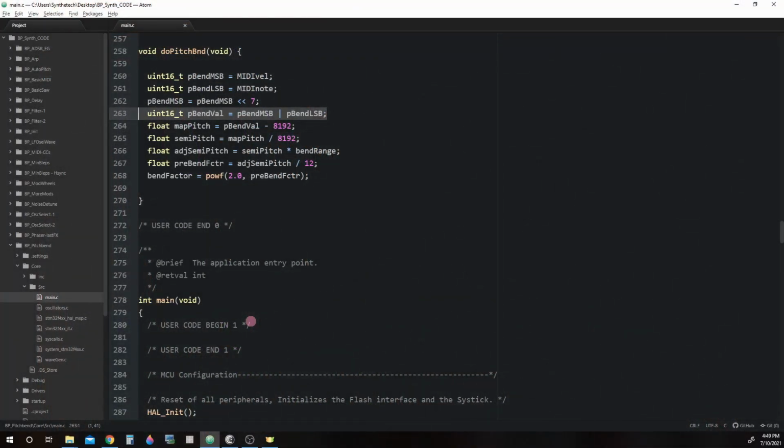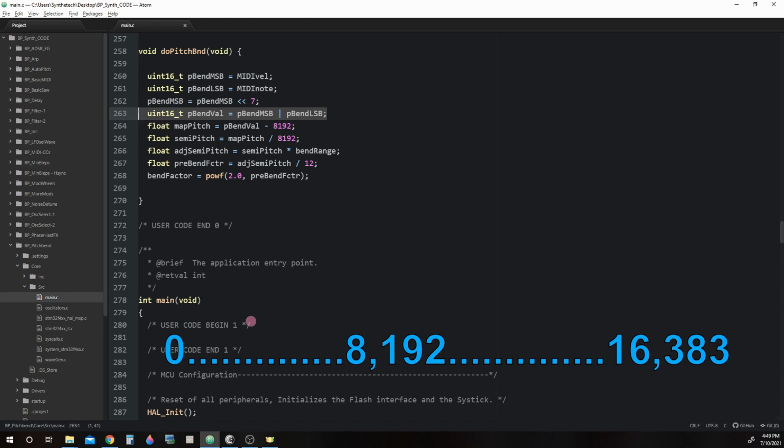Recall that the bender's range is 0 through 16,383. The bender's center point is where we don't want to alter the original frequency. We only want it to change if we move it past or before the center point. Half of 16,384 values is 8,192, our bender's center value.